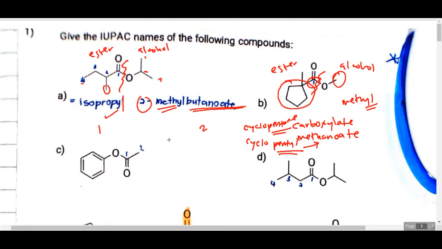And then don't forget, we also have a methyl substituent here, which is attached to the cyclopentane. Okay, there's a methyl group, so it can be either 1-methyl cyclopentane or 1-methyl cyclopentyl. Please take note that the number 1 is referring to the cyclic structure, not the C double bond O. So let's take a look at the answer.